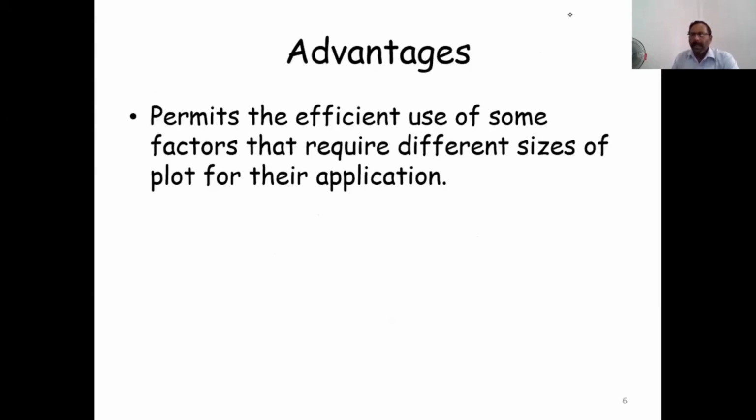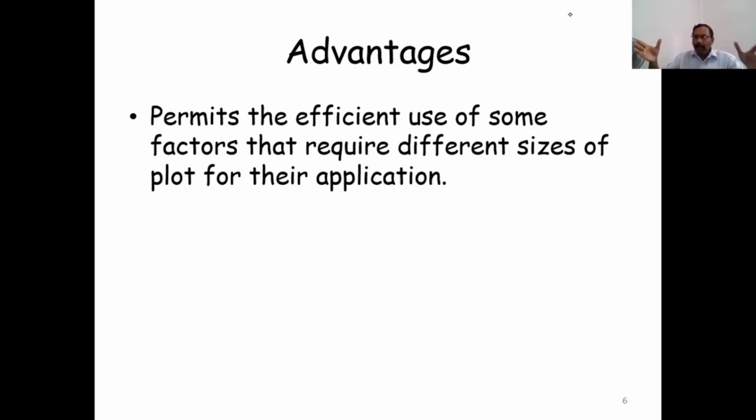There are some advantages of this split plot. It permits the efficient use of some factors that require different sizes of plots for their application. For example, we said tillage. Let's say pesticide application, using chemical pesticide as one treatment.